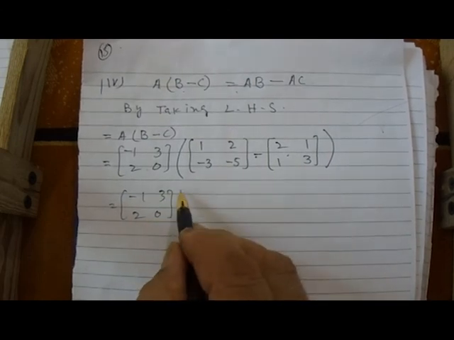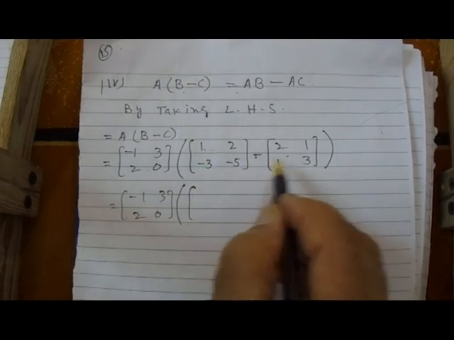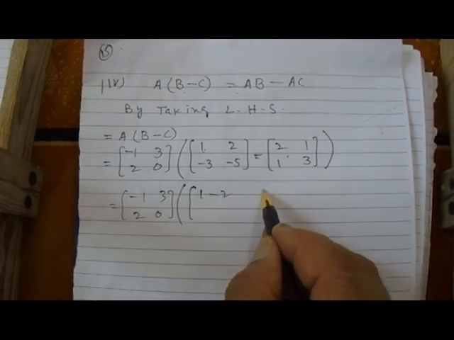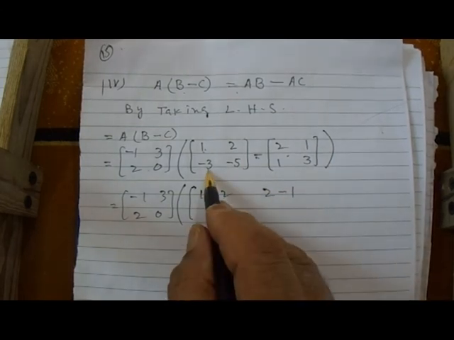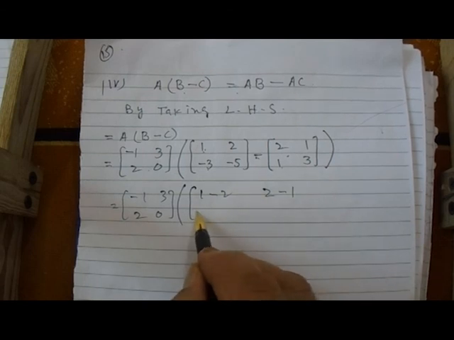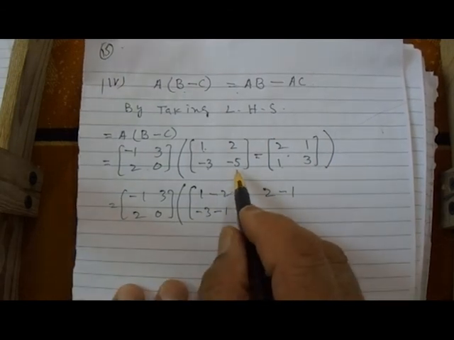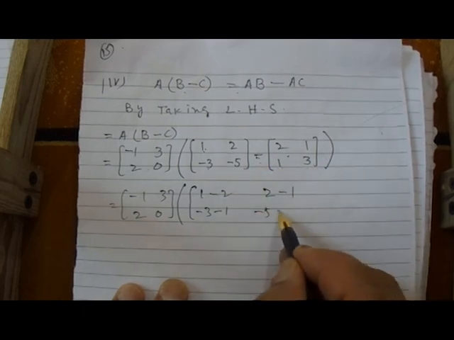We write round brackets: 1 minus 2, 1 minus 2, and 2 minus 1 here again, and minus 3 minus 1, and here also minus 5 minus 3.